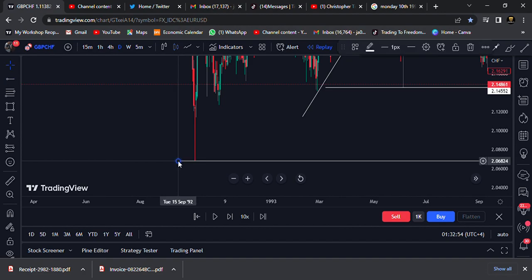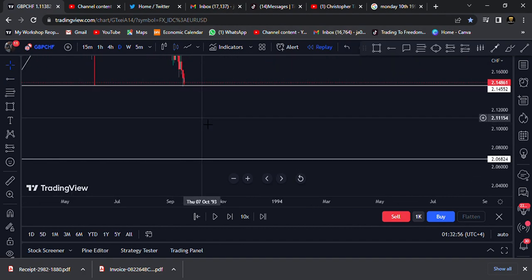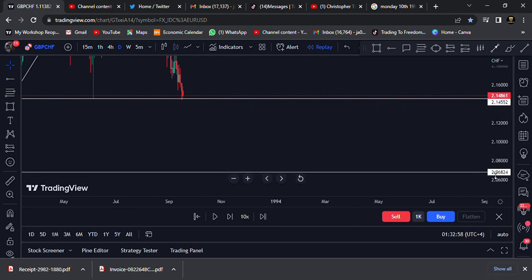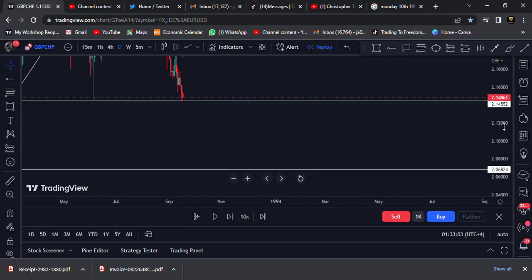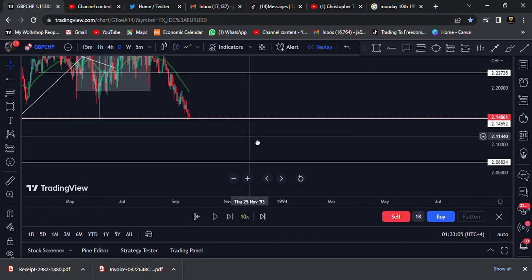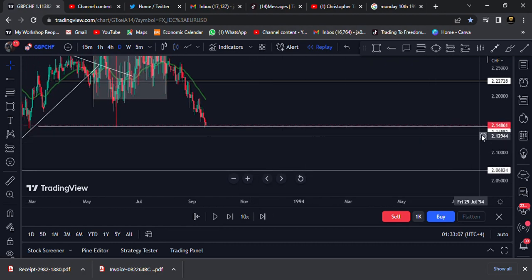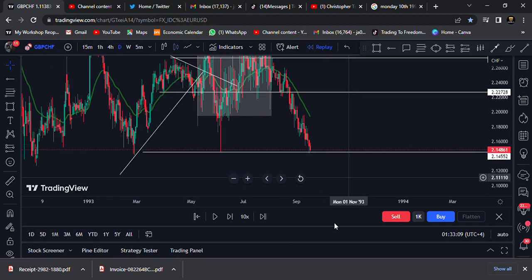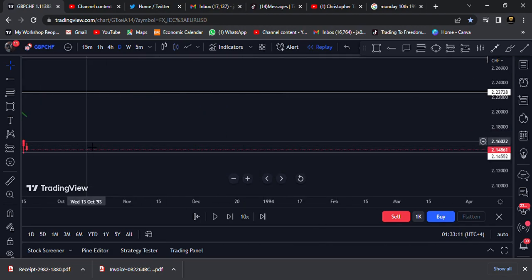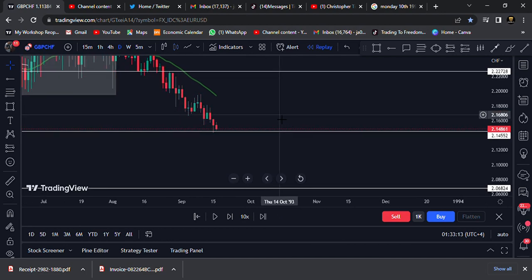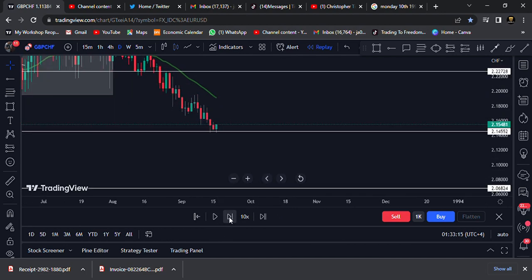Before you enter, look at where you're going to get out. Yeah, so this is a lot of pips here, like 800 pips. So we go for it. So we observe how the market is going to behave here before we take that decision.